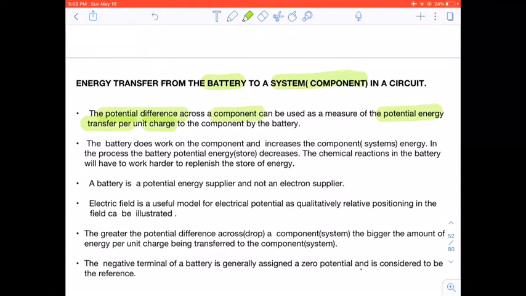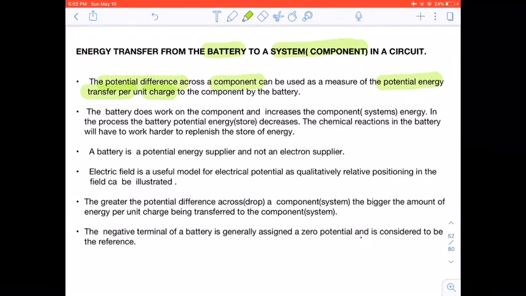So potential energy from the battery gets transferred to the component. The battery does work on the component, and in doing so it increases the energy of that particular component, but in the process the potential energy or the store of energy of the battery decreases.